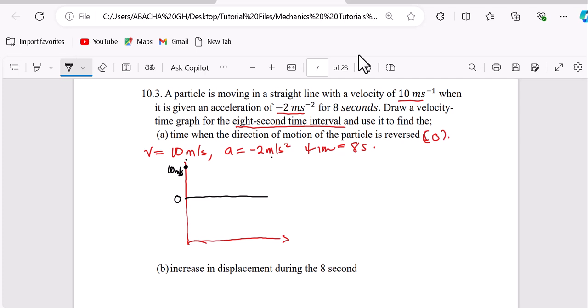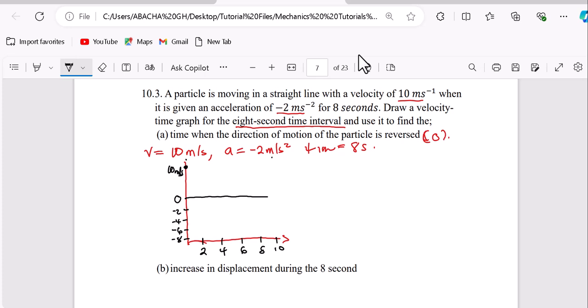Now let's assume that we have our time: 2, 4, 6, 8 and 10. And below the line, maybe -2, -4, -6, and maybe -8 or something.